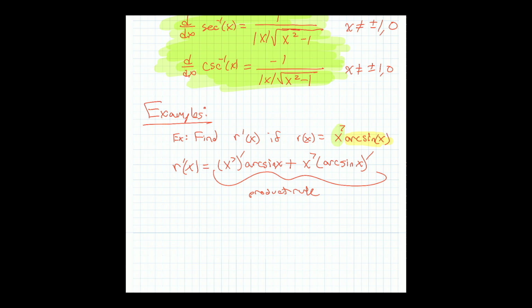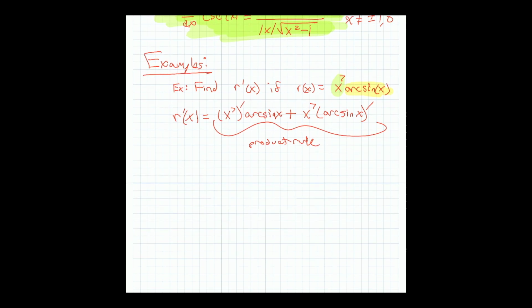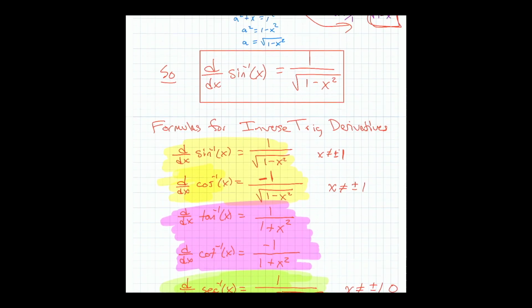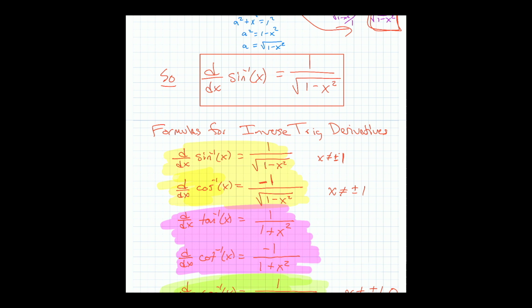No different than lots of other derivatives that you use the product rule on. So r prime is the derivative of x to the 7th, which by the power rule is 7x to the 6th, times arc sine x, which you're just copying because we're not taking its derivative, plus x to the 7th times the derivative of arc sine. Well, you're just looking it up. What's the derivative of arc sine? 1 over the square root of 1 minus x squared.